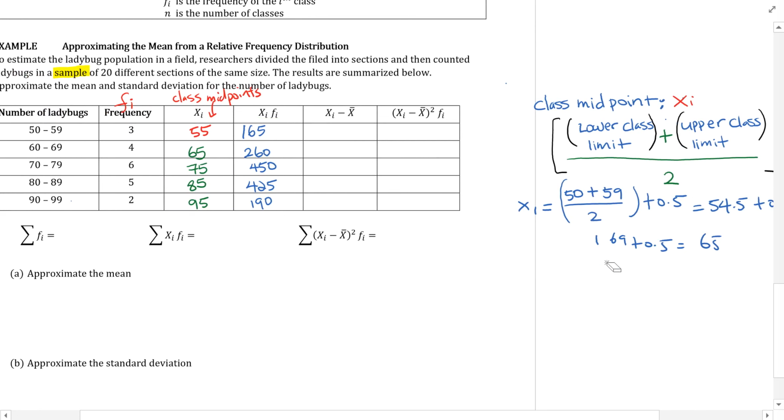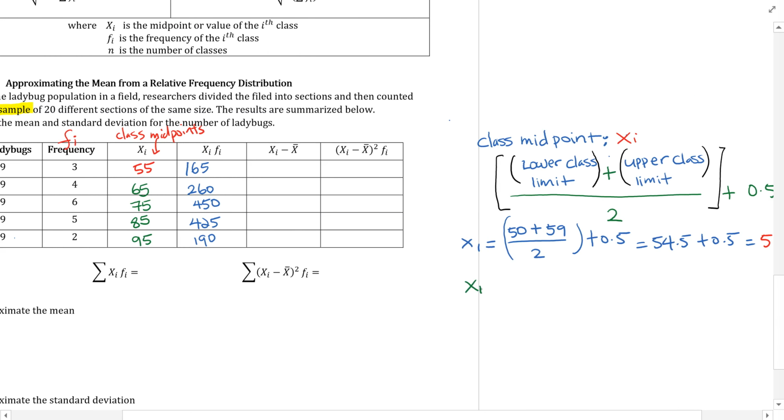To get x1 times f1, again, let me use color code: x1 is 55, and f1 is the frequency for the class, which is 3. Multiplying them, I get 165. And that's where this 165 comes from.